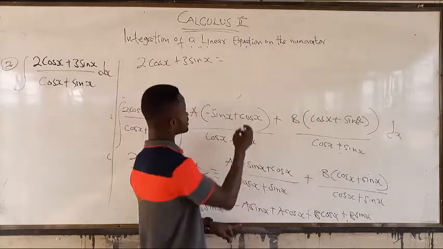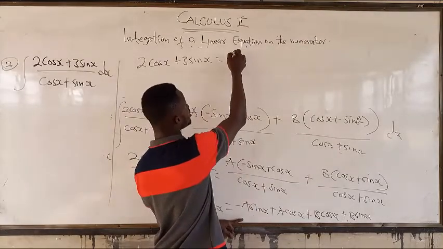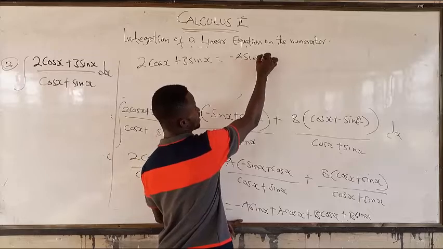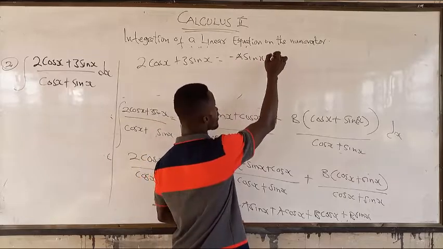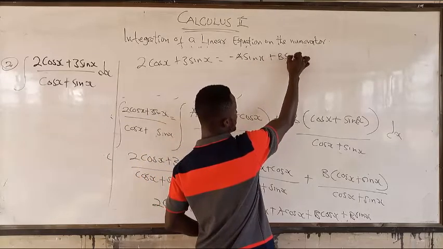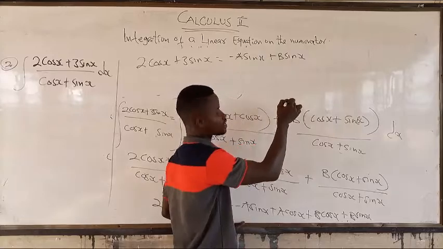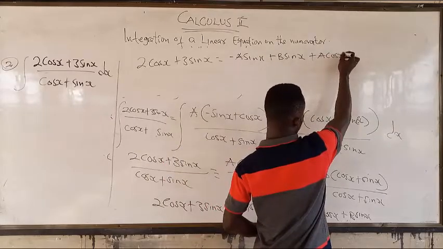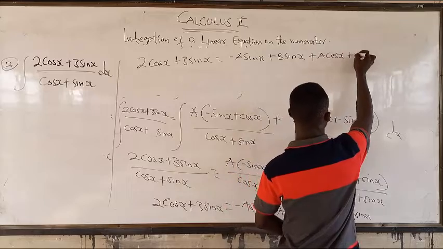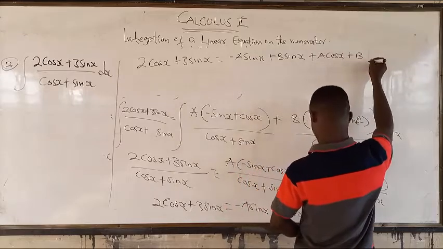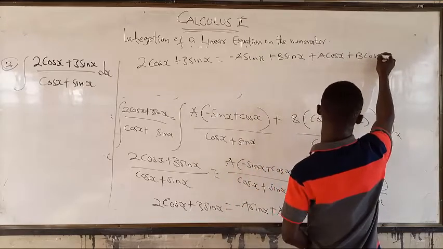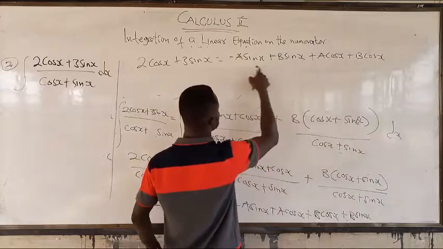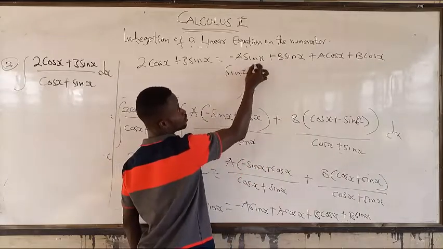So here we can get negative a sine s plus b sine s. I want to take my time with this. So we can factorize sine s out.